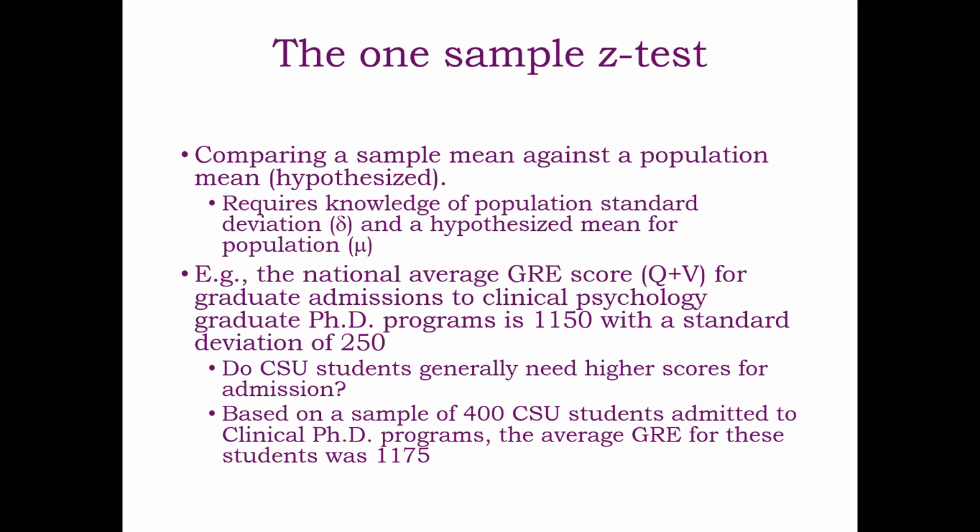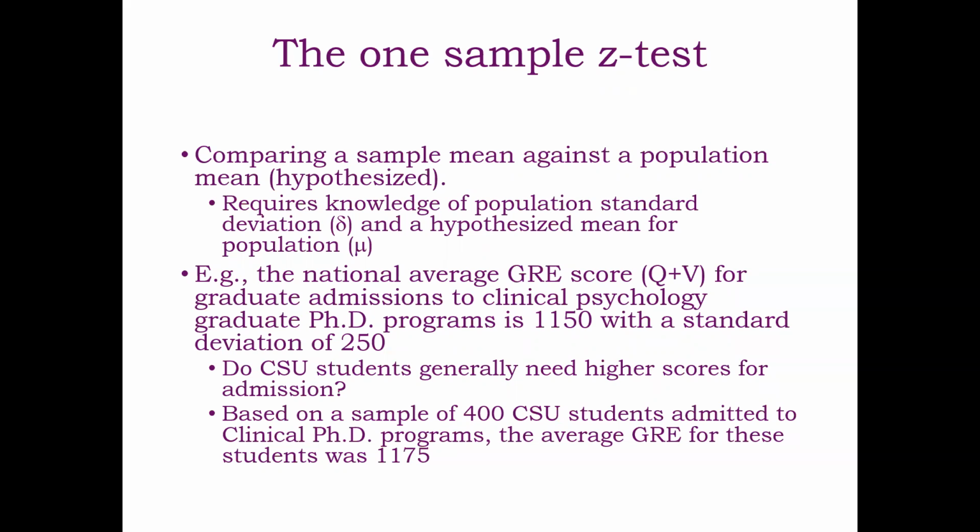Just to repeat, the one sample Z-test compares a sample mean against a hypothesized population mean. You must know the population standard deviation and the hypothesized mean for the population. For example, the average national GRE score with quantitative and verbal for graduate admissions to clinical psychology is 1,150 with a standard deviation of 250.